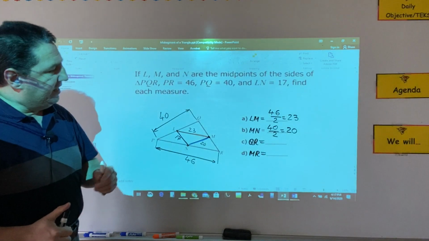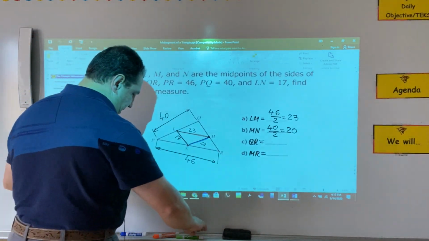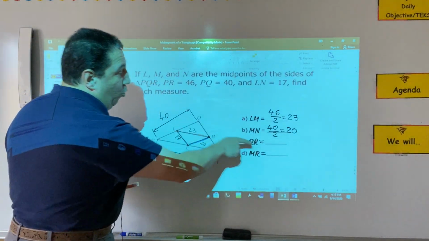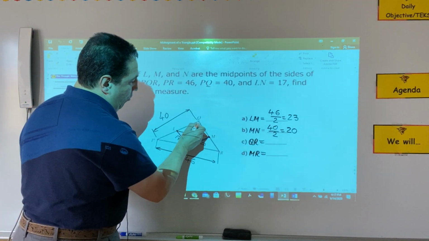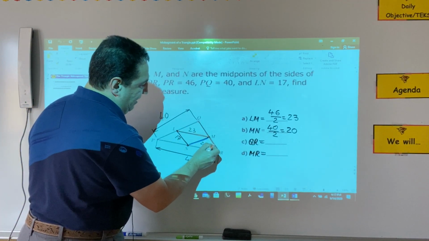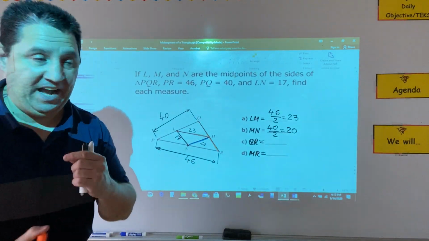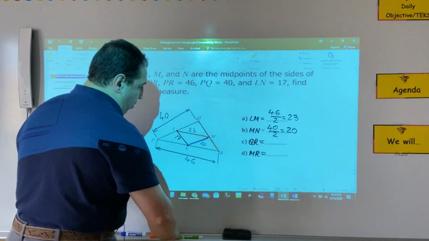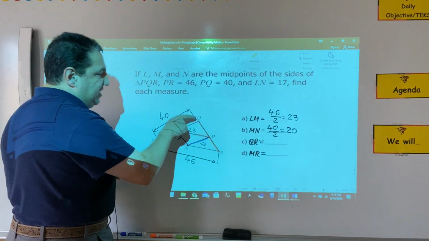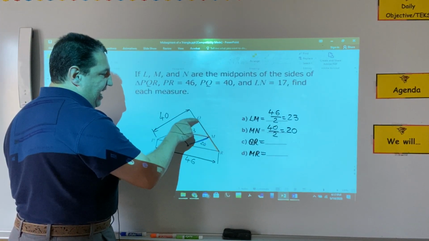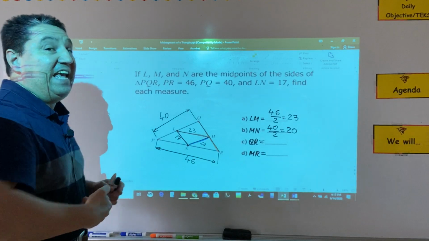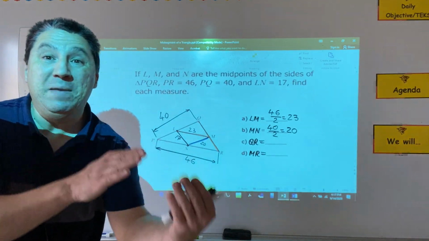Now, this time, let's find QR. So this time we have to find not a mid-segment, but a side of the triangle. To find the length of this side, we have to relate this side with its corresponding mid-segment.